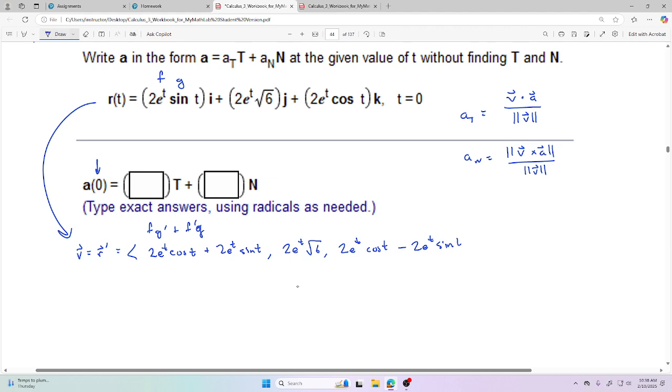Perfect, perfect. Very good. And I like how you put it in that order. That was very good. I was hoping for that. Yeah, so this time here, now we have F prime G plus F G prime. And that makes more sense because of the minus sign over there. Very good. Excellent. And then now for our A, R double prime.